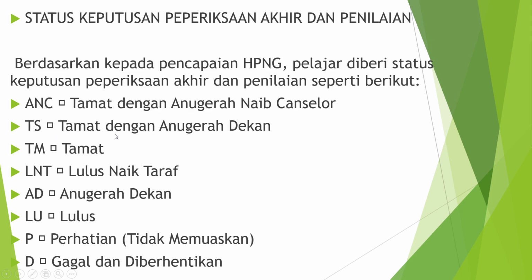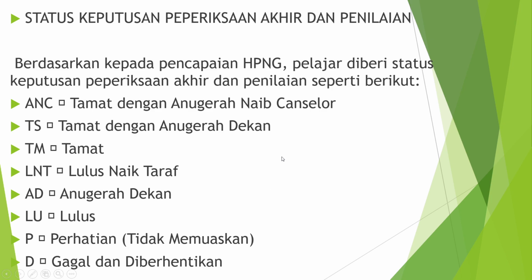TS means tamat dengan anugerah Dekan. TM tamat. L and T means lulus naik taraf. AD means anugerah Dekan. LU means lulus. P is for perhatian, means your status is tidak memuaskan. And D is gagal dan diberhentikan.